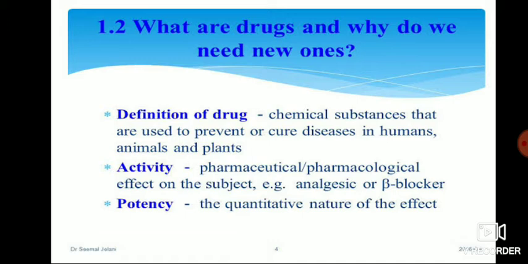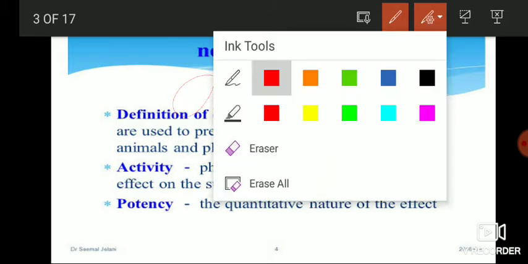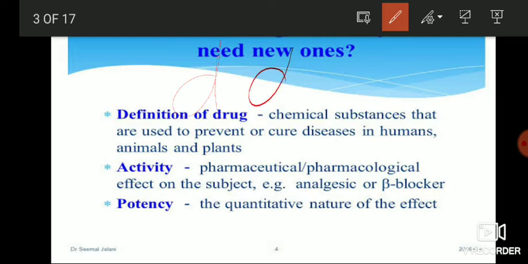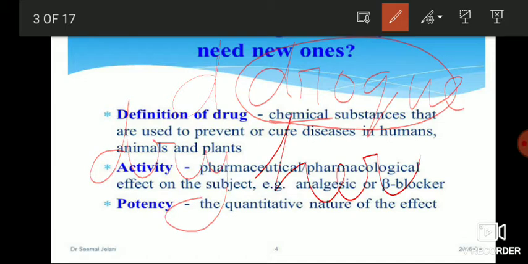The word drug is derived from the French word "drogue", D R O G U E. This is the French word for drug, which means a dry herb.